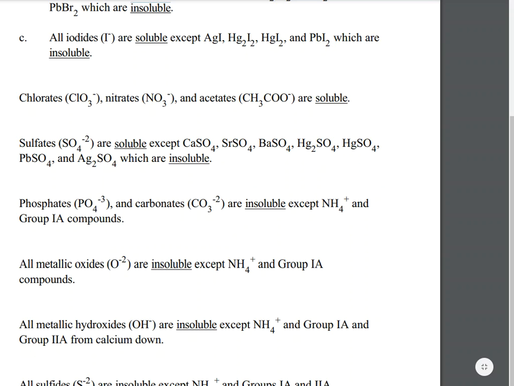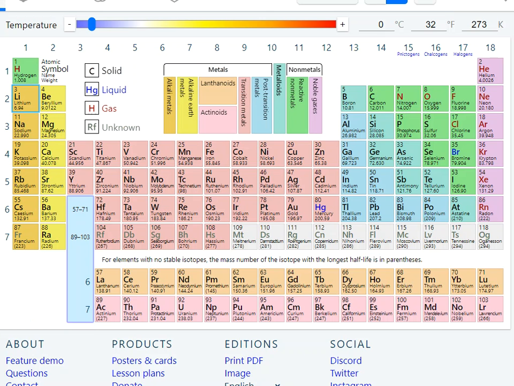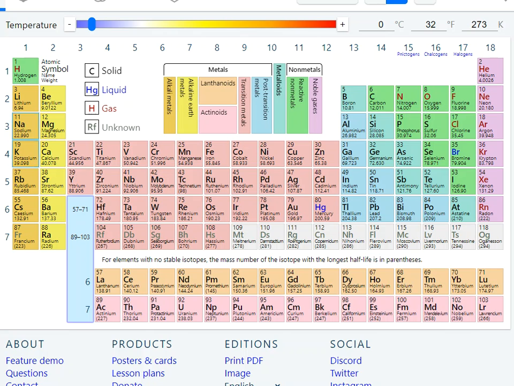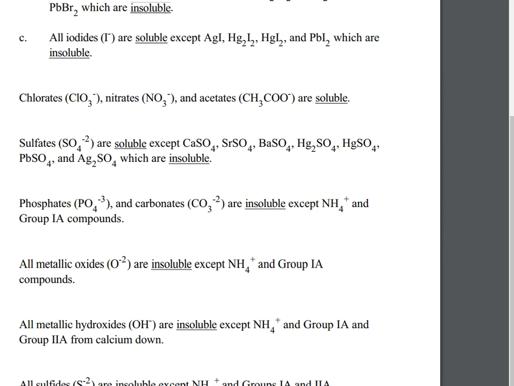Number 5, phosphates and carbonates are insoluble except for ammonium and Group 1A. All right, so Group 1A again, lithium, sodium, potassium, rubidium, cesium, francium. So if I had a sodium or potassium phosphate, it stays in solution.